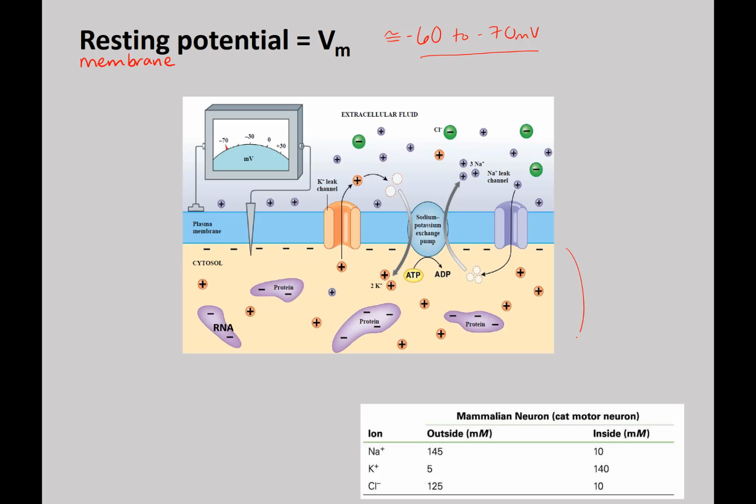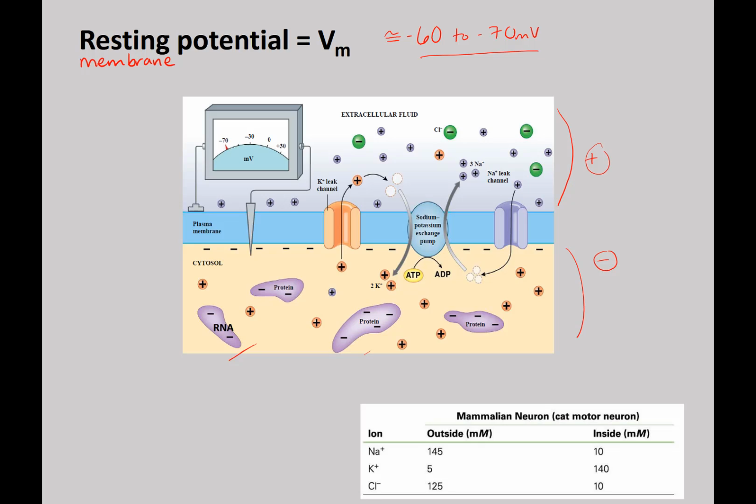It's negative inside the cell because of large molecules like RNA and protein with negative charges, and the outside of the cell is more positive. So this normal membrane potential we are now going to refer to as resting potential, because you're going to see with neurons this potential, or difference in charges across the membrane, is going to change rapidly as signals are moved through the neuron.